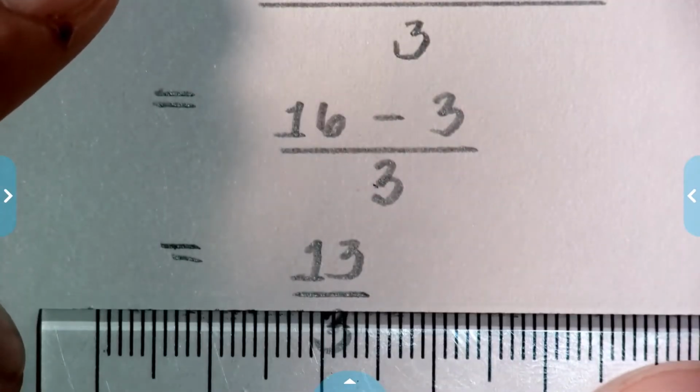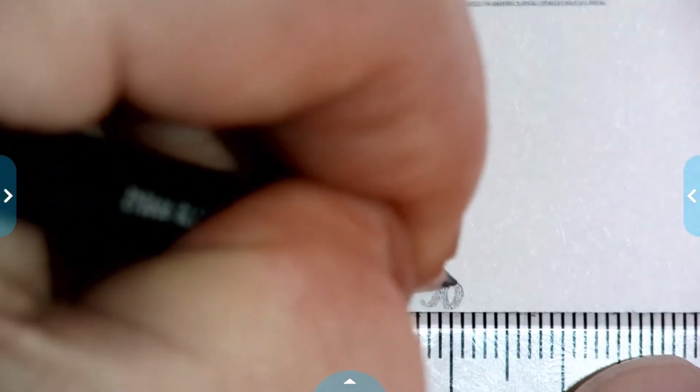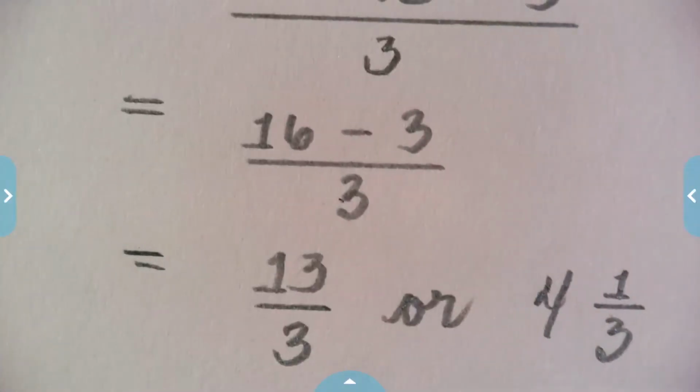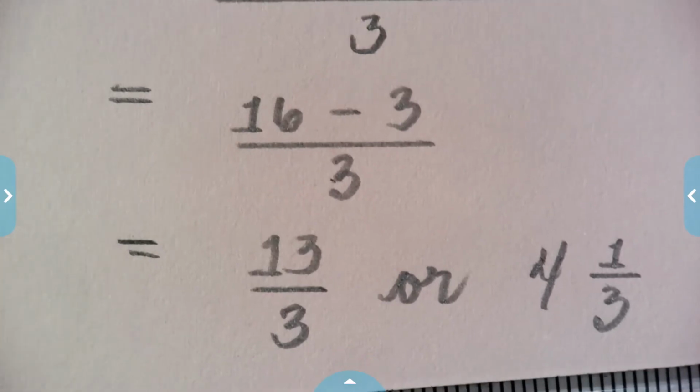And I can leave it as an improper fraction because there weren't any instructions. Or since I'm not sure how it will be asked for, we could go ahead and say 3 goes into 13 4 times with 1 as a remainder. So that would be 4 and 1/3. Okay, so those are the two possible answers.